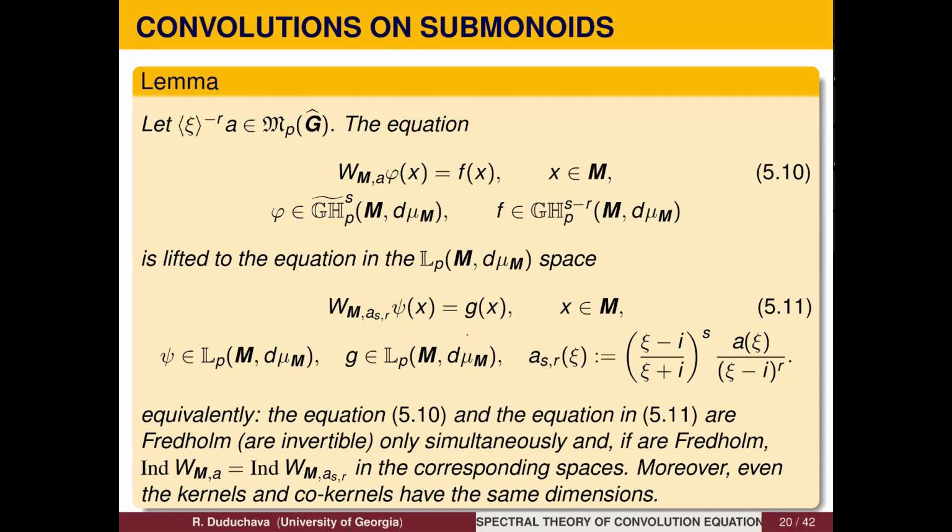And note that even if the symbol A was continuous everywhere, including at infinity, the lifted symbol is now discontinuous at infinity because of this multiplier to the power s. So if we originally have a continuous symbol, the lifted symbol is not continuous at infinity anymore.